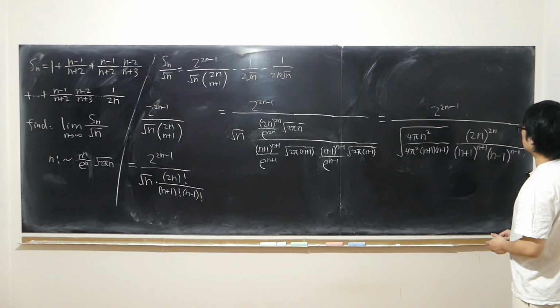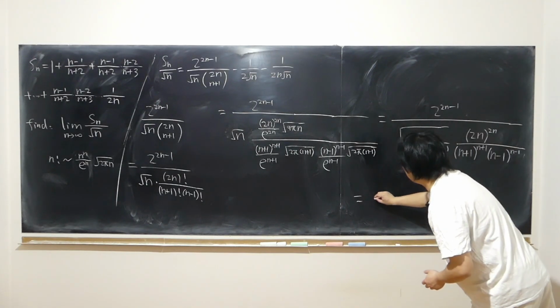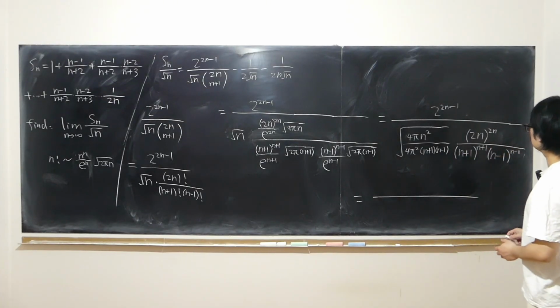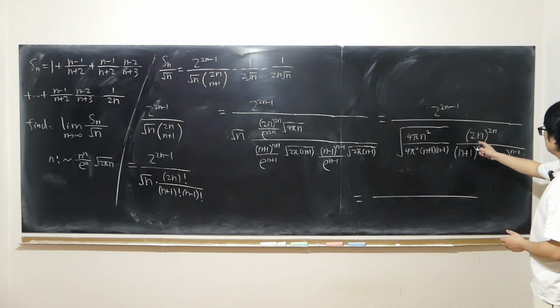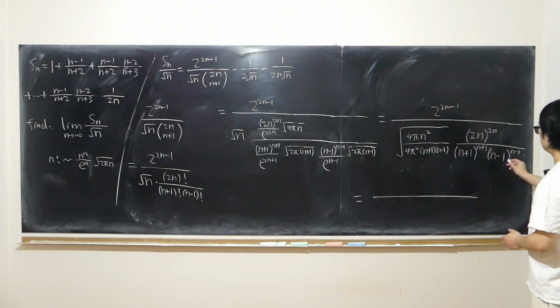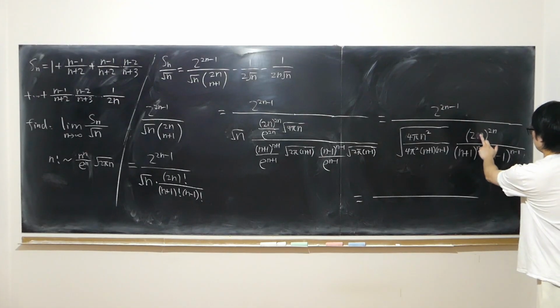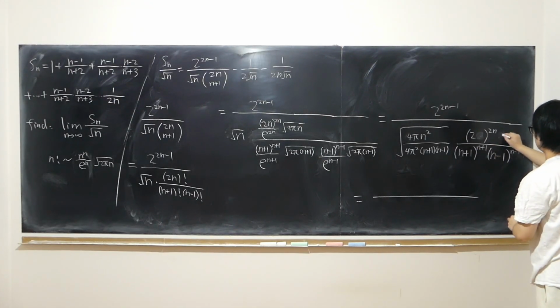Right? So this is what we have. So further, what do we have? Maybe I can split 2 and n, so it becomes 2 to the same power, then n to the same power.